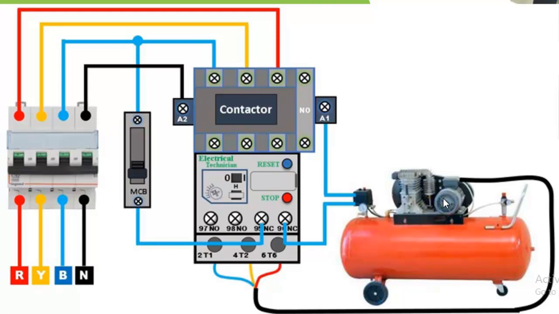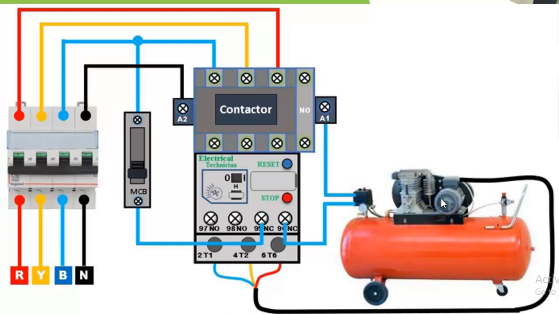If it is to deactivate, of course, once this switch opens up, it will deactivate the contactor coil. The contactor will open, so power will be lost to the compressor motor, and thus the compressor will stop, and the pressure will stop building up.